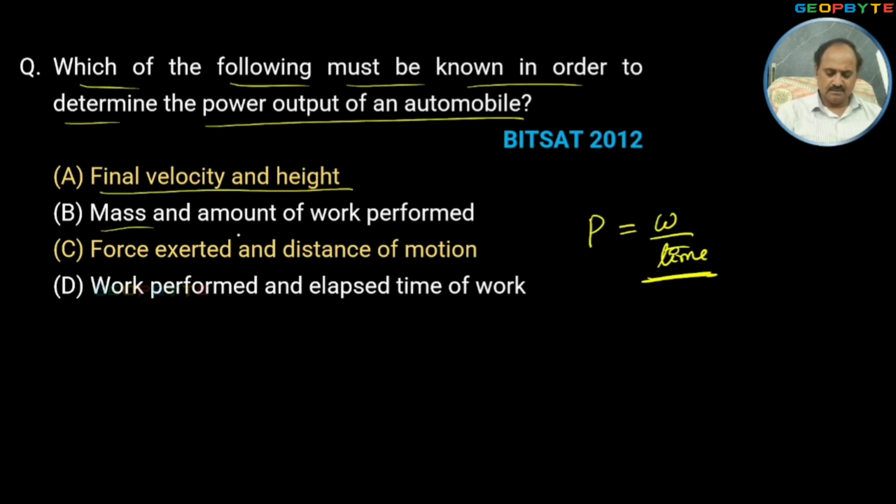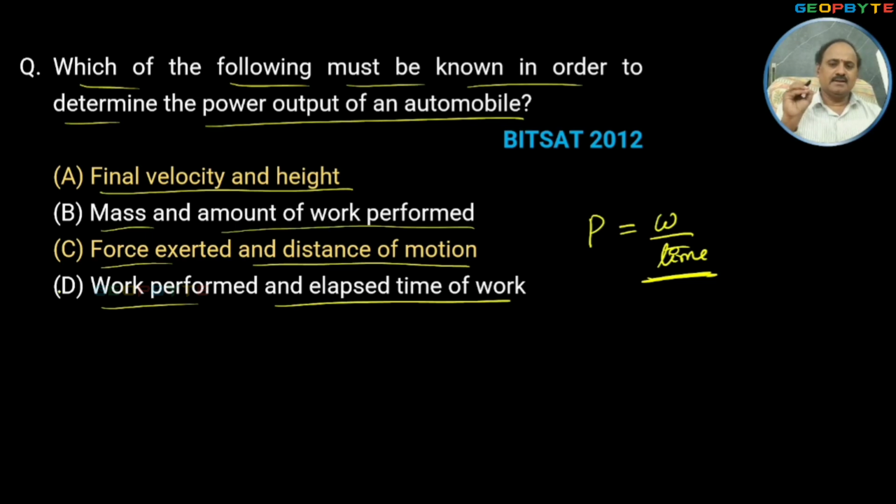No. Mass and amount of work performed? No. Force exerted and distance? With force and distance you can decide the work energy, but not power. Work performed and elapsed time? Yes. How much time the work is developed, that is giving the power. Option D is absolutely correct.